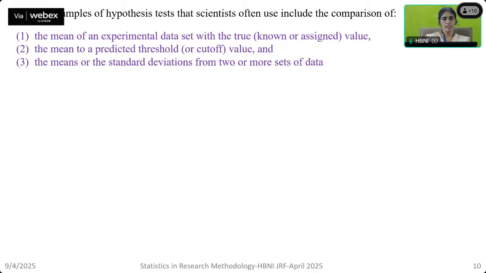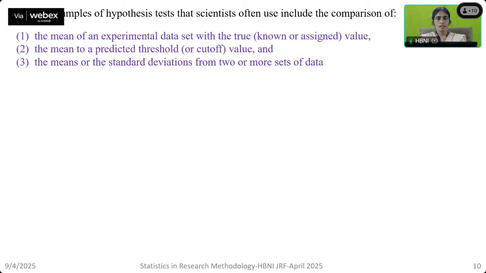There are three different cases wherein this hypothesis testing is generally done. One is that you are comparing the experimental data with the true value or the known value or the predicted value or the model value. These are the different terminologies for the true value: known, assigned value, model value, or predicted value.